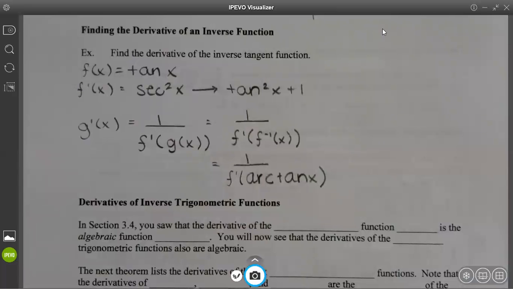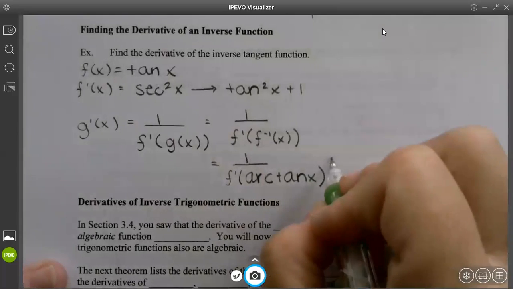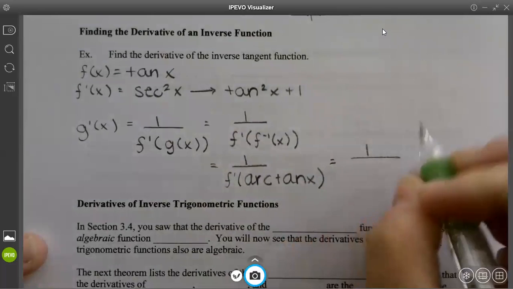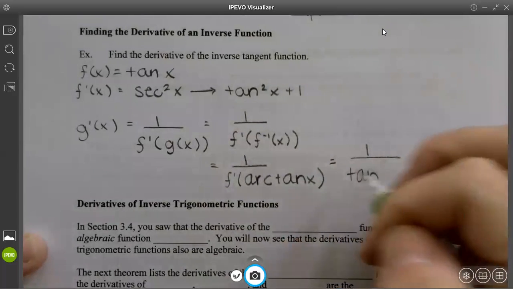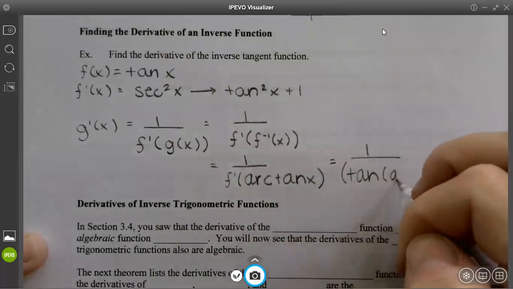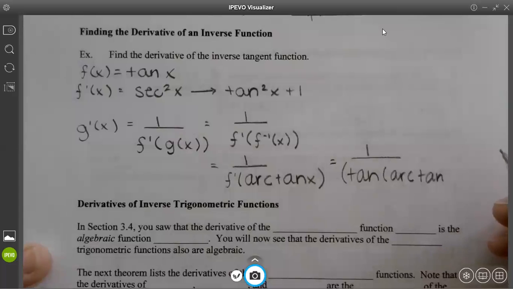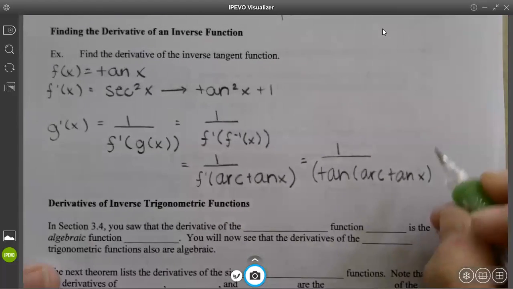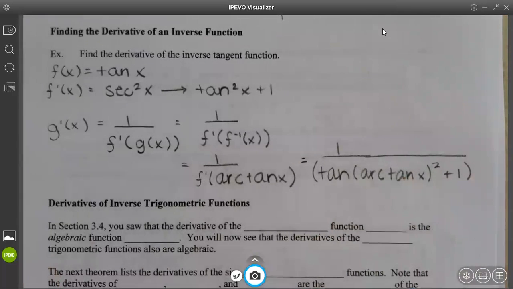You're very good so far. All right. So then we're going to plug in 1 over tan times arc tan x squared plus 1 on the bottom.